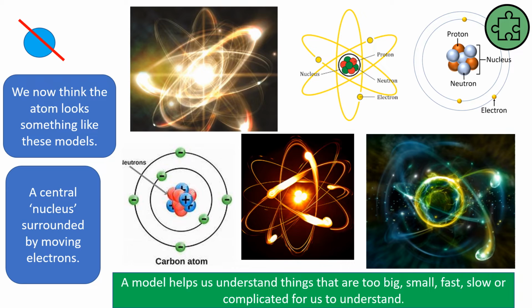In this case, the atom is too small for us to see, so we make models so we can understand the relationship between the nucleus and the electrons. Sometimes we use models to explain things that are too fast, like a chemical reaction, or really slow, like a really slow rust chemical reaction. Or something that's really complicated and we want to simplify it to help us understand it. So models are really useful.